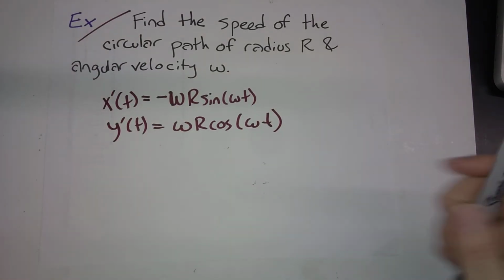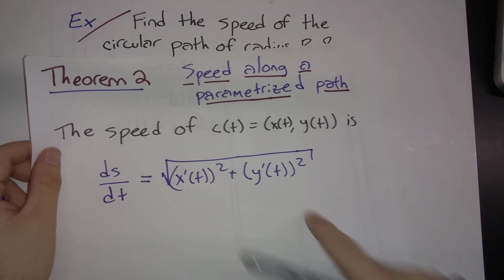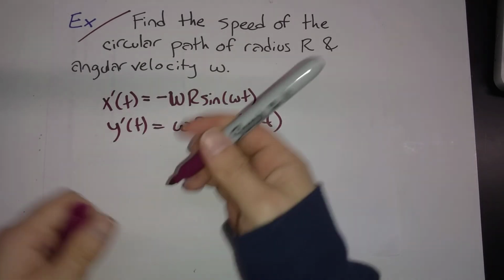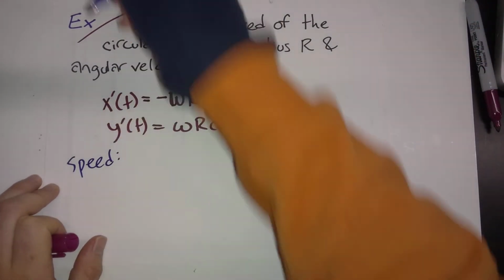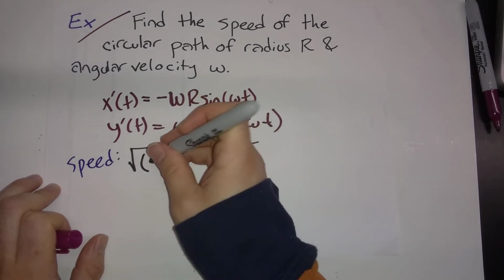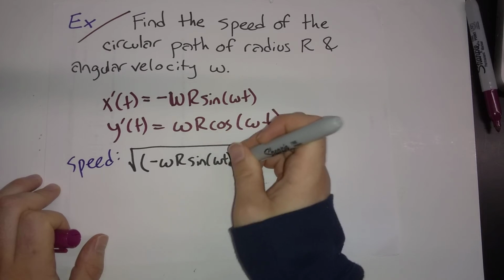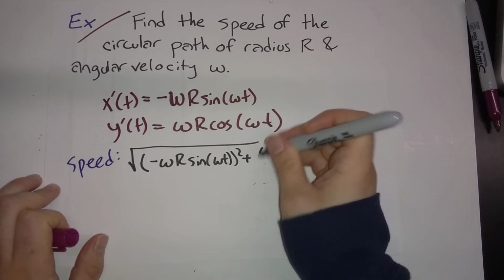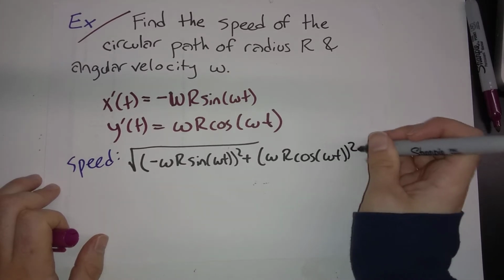When we calculate speed, we're just going to square those, add them together, and take the square root. So what do we end up with? The square root of (minus omega R sine omega t) squared plus (omega R cosine of omega t) squared.